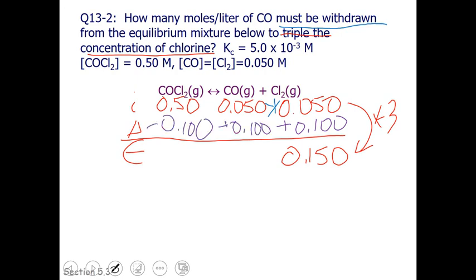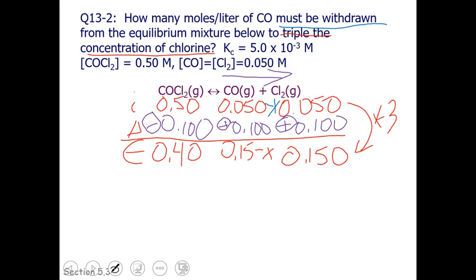Fortunately for me, the stoichiometry is 1 to 1 to 1, so that's easy. Notice that I am subtracting the COCl2 and adding to the product. That's because when I remove something, I am shifting this reaction toward the right.